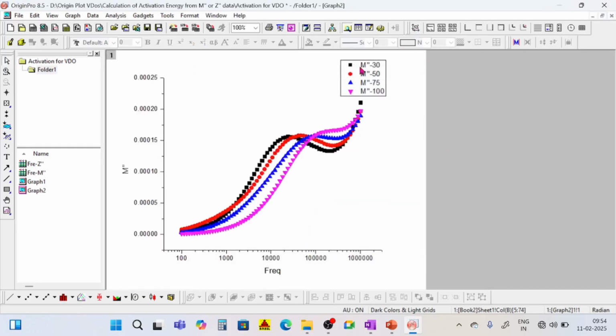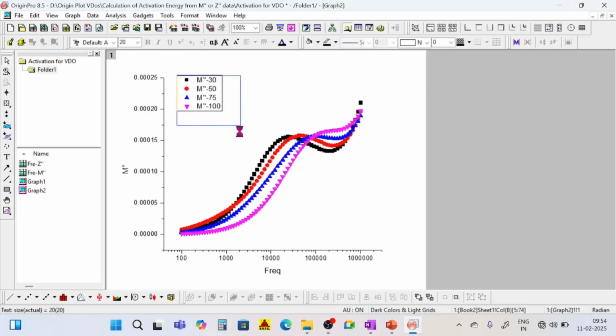So here we got clearly identifiable peaks for the modulus data, the imaginary part of modulus data. This is the peak for 30 degree here. Here for the 50 degree, 50 degree is the red color, blue color is your 75 degree. Okay, so here clearly we can identify the peak.